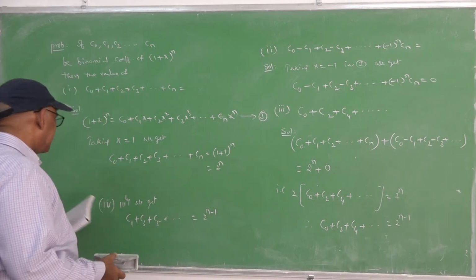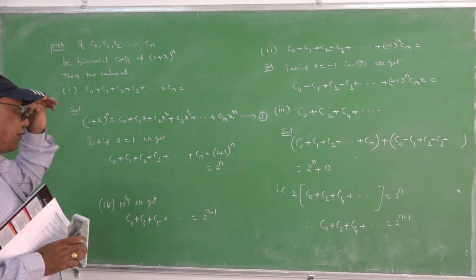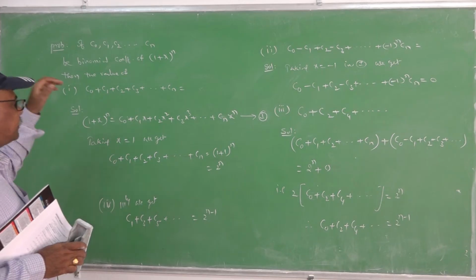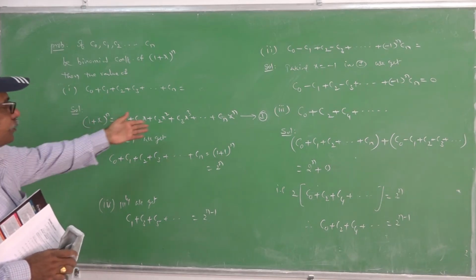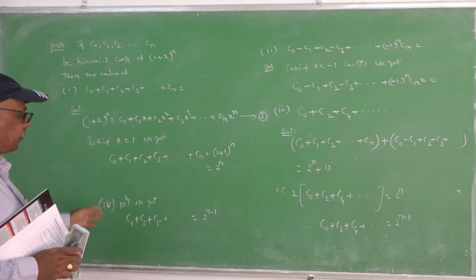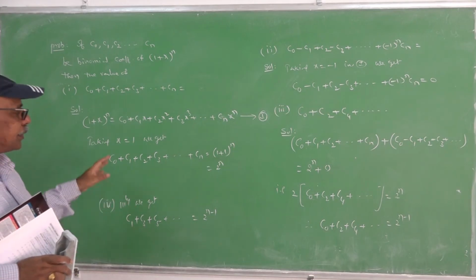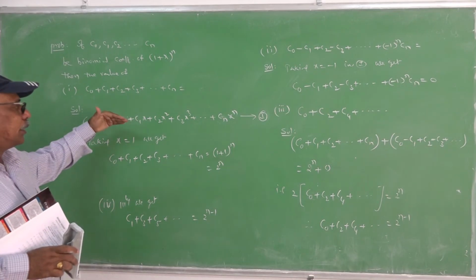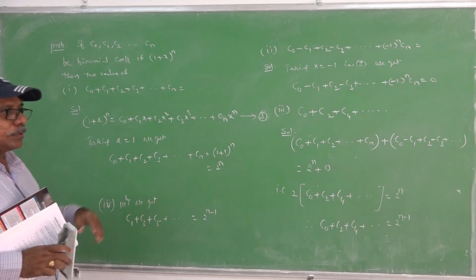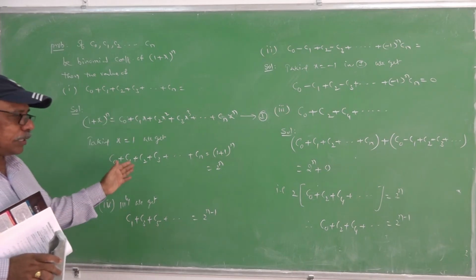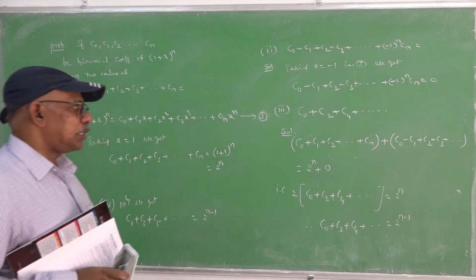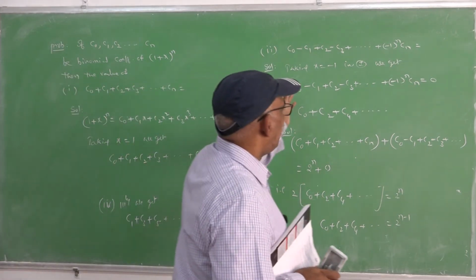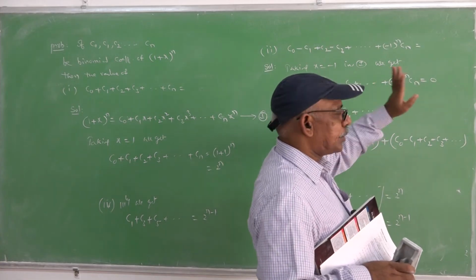By taking different values for x, we get different relations between the binomial coefficients. These are the standard results. This one, 2 power n, C0 plus C1 plus C2 and so on. That is 2 power n. C0 minus C1 plus C2 minus C3, alternately taking plus and minus, we get 0.